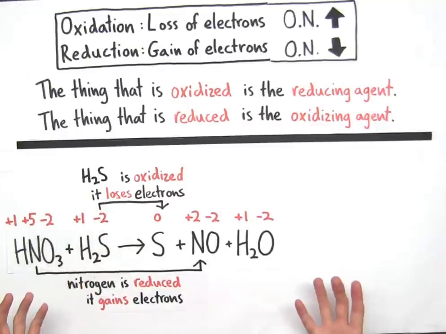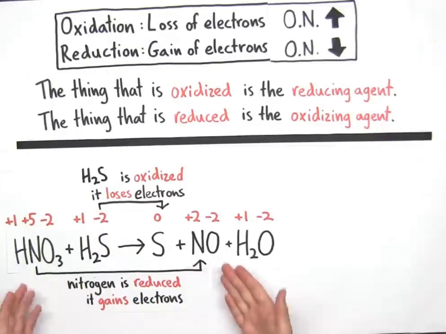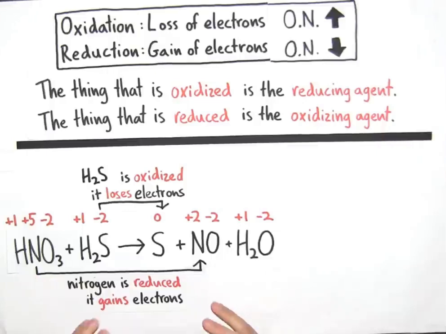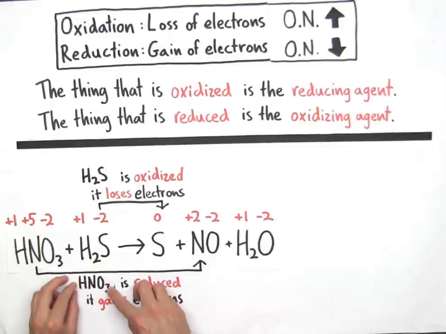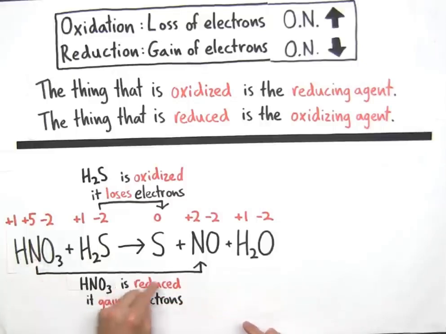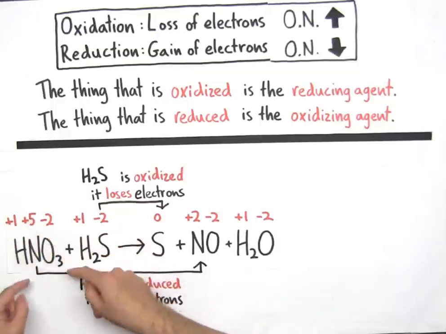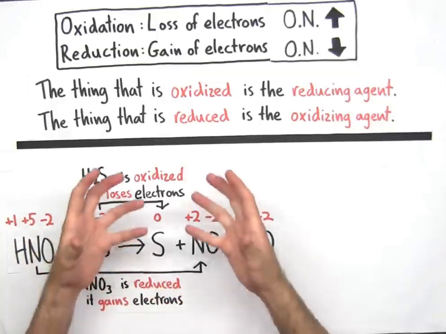It's losing electrons. This nitrogen atom is definitely getting reduced. It's gaining electrons. But if we're talking about the larger compound that nitrogen is part of, we'll say instead that HNO3 is getting reduced here. The nitrogen is gaining electrons, but the nitrogen is part of HNO3, so the whole HNO3 is gaining electrons.